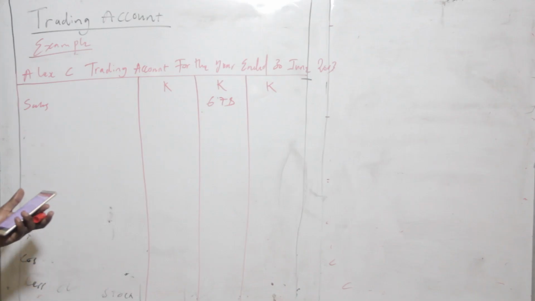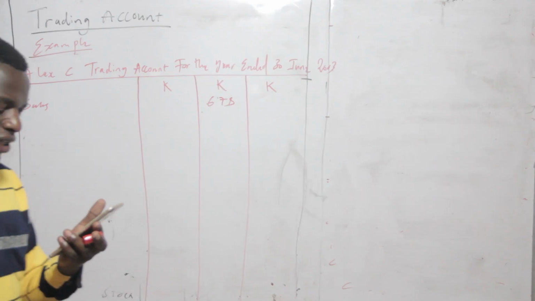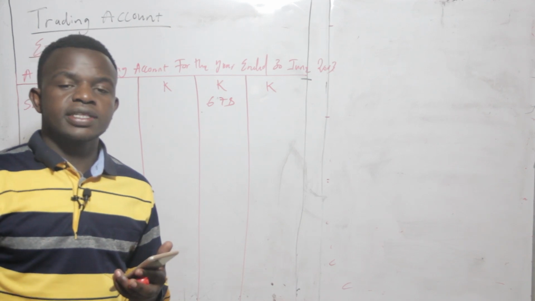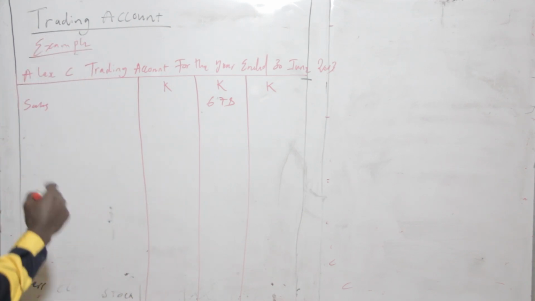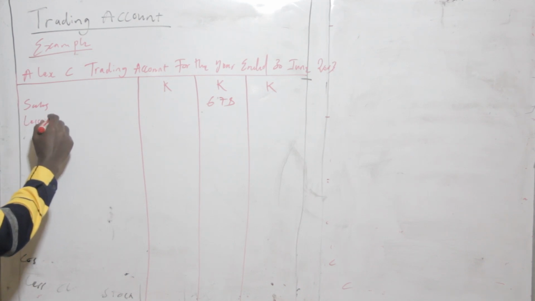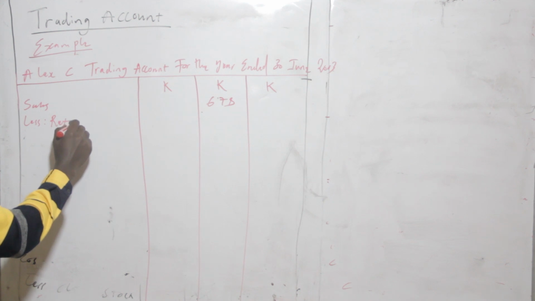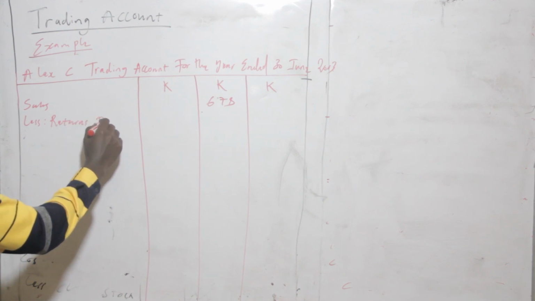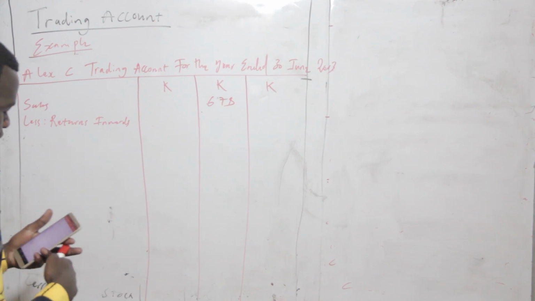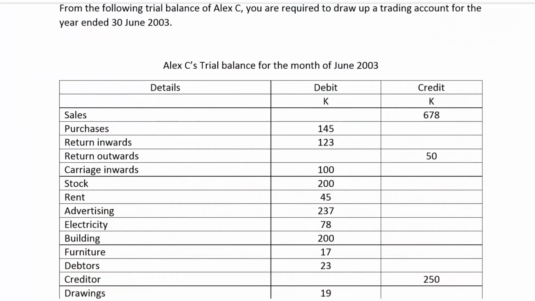So we'll start with sales, and sales amounted to 678. And since we have returns inwards in our question, that means that we're supposed to subtract them from sales. So we are going to say less returns inwards, and this amounted to 123.